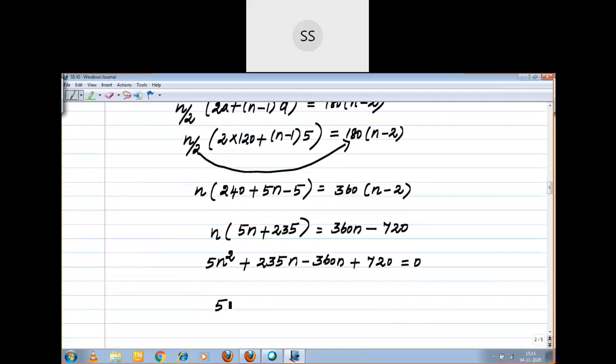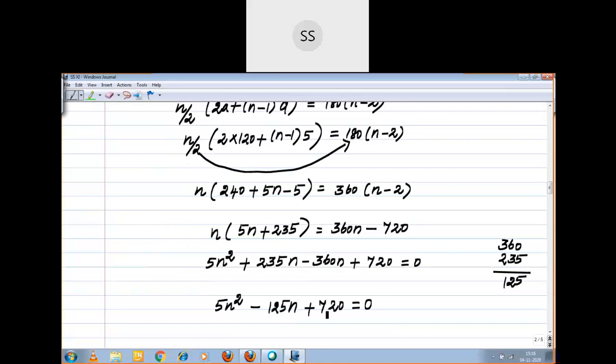Do the subtraction and put the greater number's symbol. 5n square minus 125n plus 720 equal to 0.